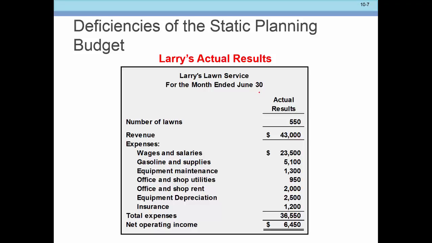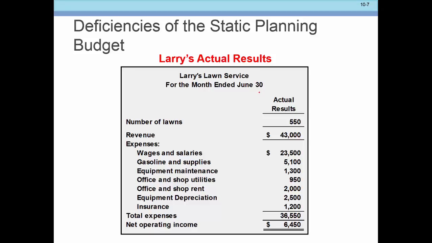41,250? Yeah. Okay. Is it? No. How much is it? 43. It's 43,000. Well, how can that be if he's only supposed to charge $75 per lawn? What's going on here?